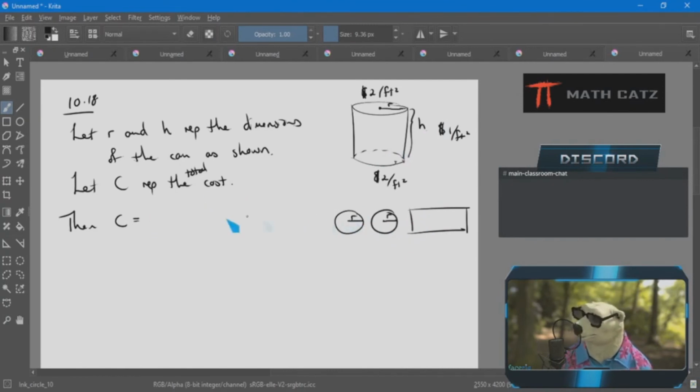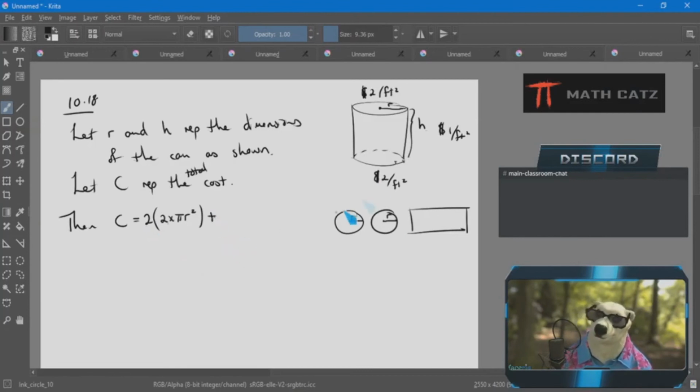So I have 2 times the cost of the circle, and the cost of the circle is 2 times the area, $2 per unit area. So 2 times the area, and the area is pi r squared. So there's a couple of 2's floating around which could make things a little bit confusing. The area of a single circle is pi r squared, $2 per unit area, so multiplying those. Then I have 2 of the circles, top and bottom, so another 2.